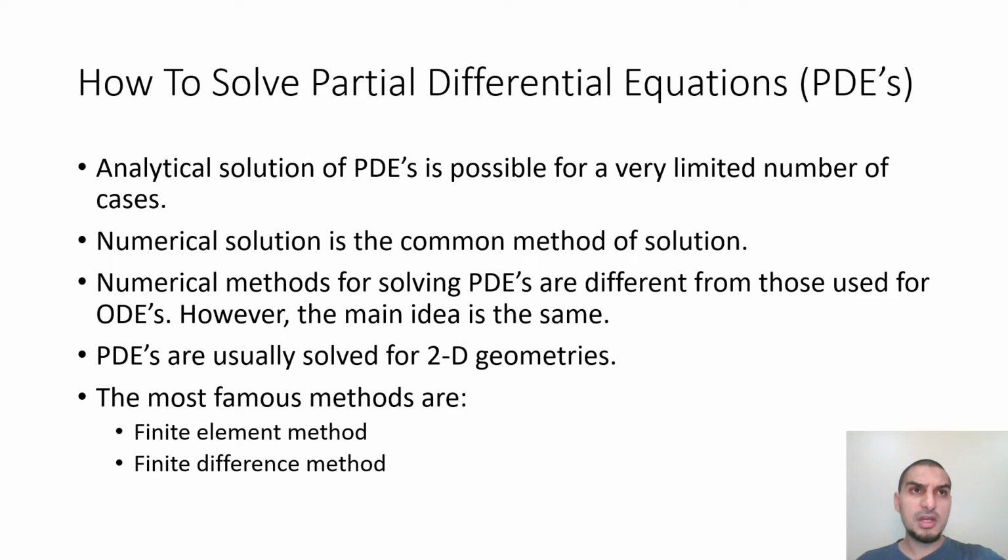The numerical methods that we use are mainly two. One of them is finite element and the other is finite difference. I don't know a lot about these two methods. I know them more from the name than the details, and there are a lot of details regarding the way the calculations are done in these methods, how you calculate each increment from the other, and which one of them is more suitable for which systems.